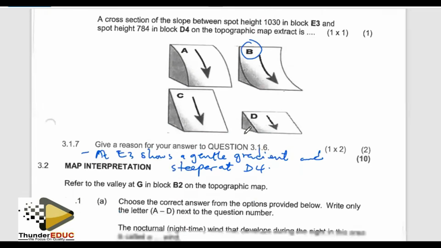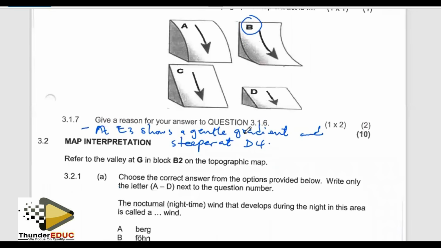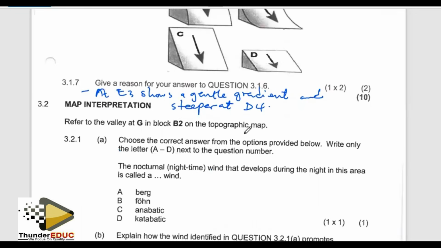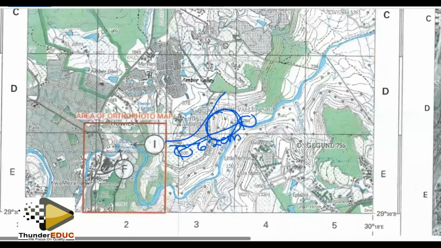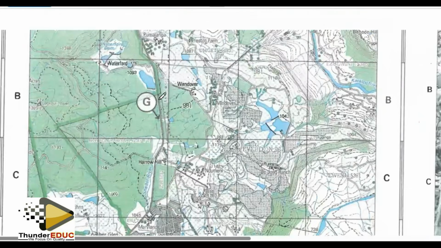Then 3.2. Refer to the valley at G in block B2 on the topographic map. Let's check. Sorry about that. Block B2.